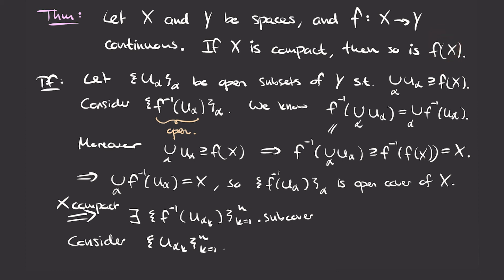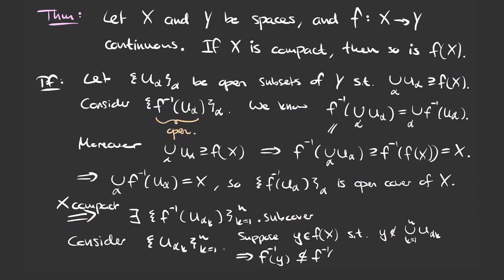One way to see this is by contradiction. So we suppose that there is some point y in the image f of x such that y is not contained in the union of these U alpha k. This in turn implies that the preimage of y cannot be contained in the preimage of this union.